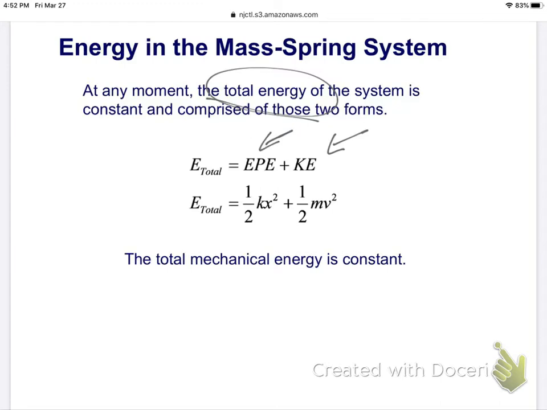So total energy equals EPE plus KE, or E total equals 1/2 kx squared, that's the EPE equation, plus 1/2 mv squared, which is the kinetic energy equation. The total mechanical energy never changes. That's constant. The only thing that's changing is what type of energy it has at various positions.